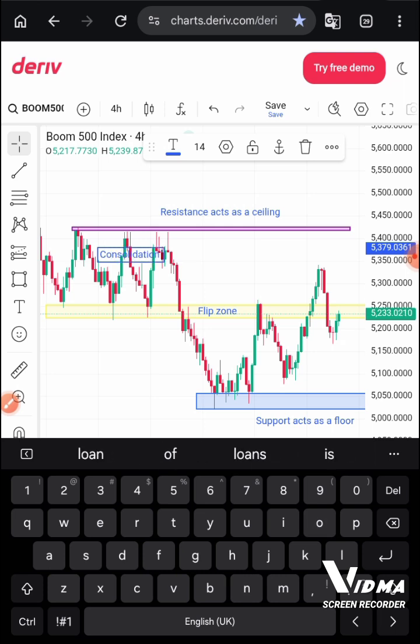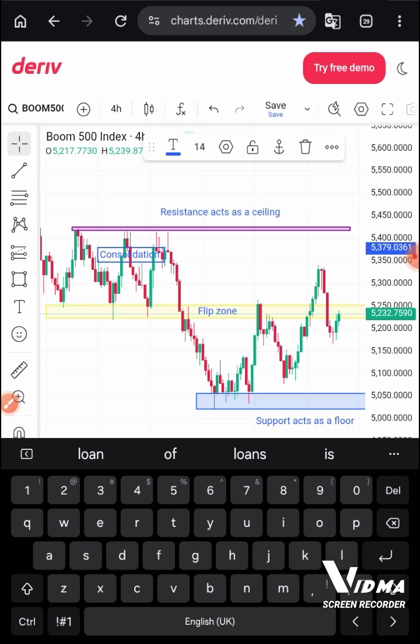So the market here was consolidating, where it was ranging between certain price levels, hitting that high and coming back to this low, hitting that high and coming back to this low, hitting that high and coming back down to this low, right?